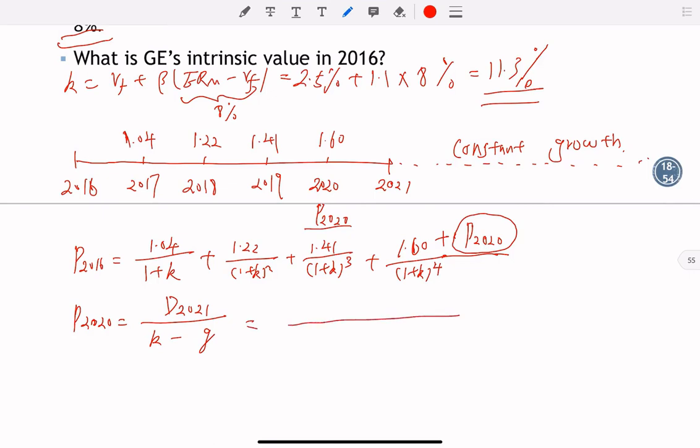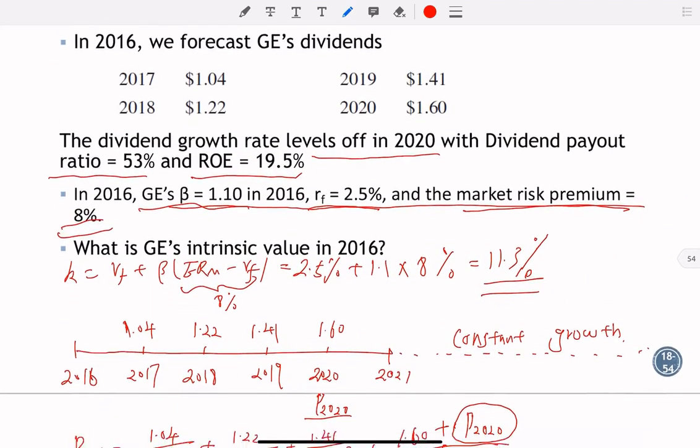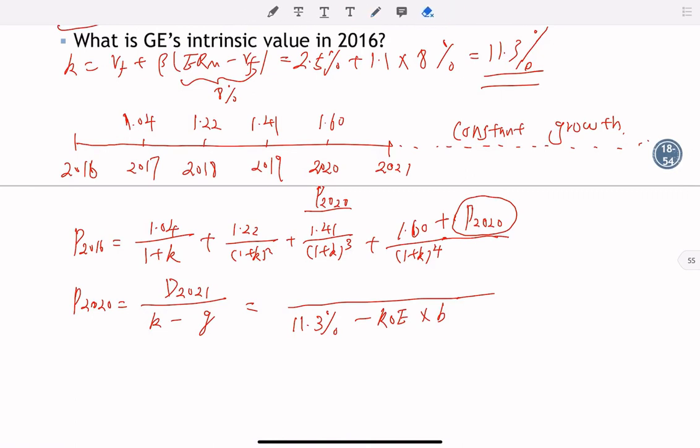Now, K is 11.3%. What is G? G is ROE times b, the plowback ratio. ROE here is 19.5%. What is the plowback ratio?